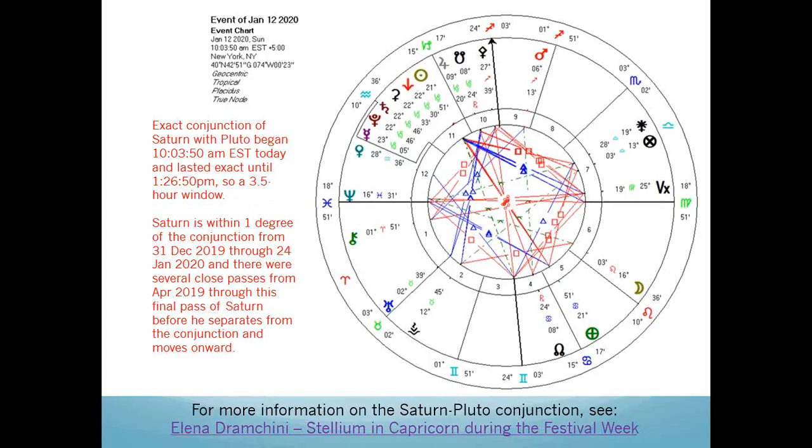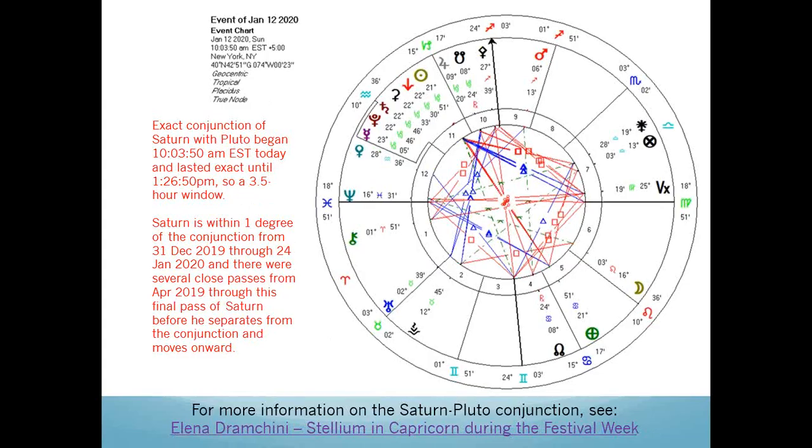Now, Saturn will stay within 1 degree of Pluto, which is a pretty darn close conjunction, from 31 December through 24 January. And there were several passes in April. The final pass of Saturn before he separates and moves on is going to be several more months before we can say it's not really still a conjunction.